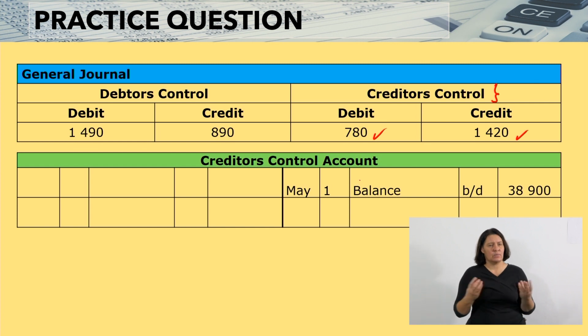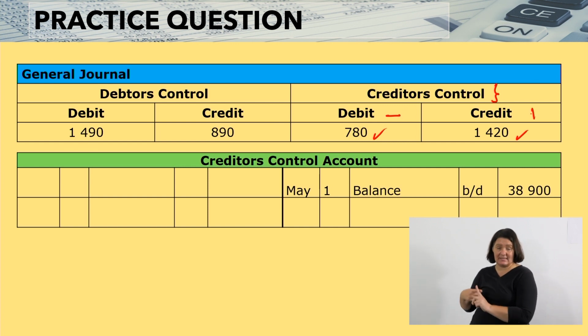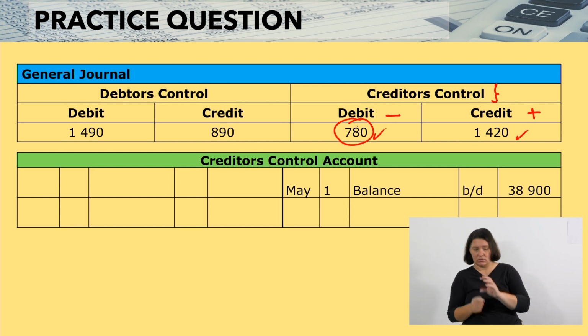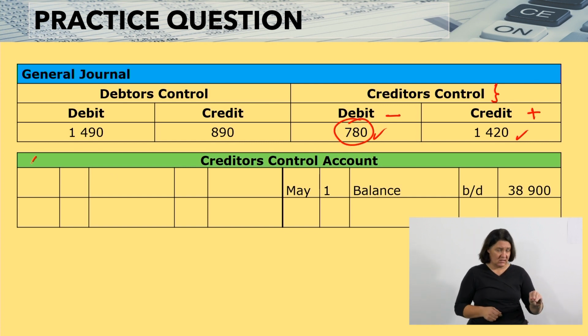Let us begin with the debit amount. Once it is debit in the general journal under your creditors control, remember, debit is a minus and credit is a plus. That means I'll take the debit amount and bring it to the debit side of my creditors control. And the debit side is a minus.